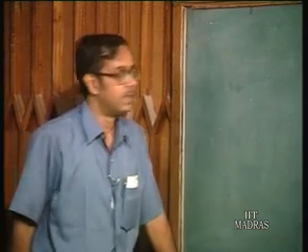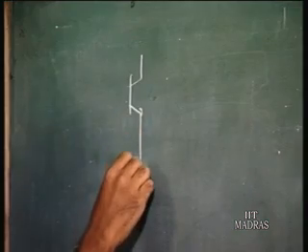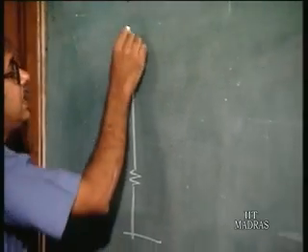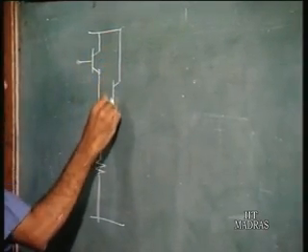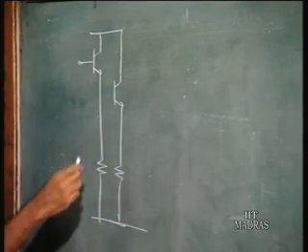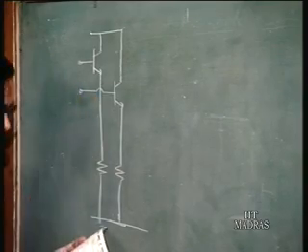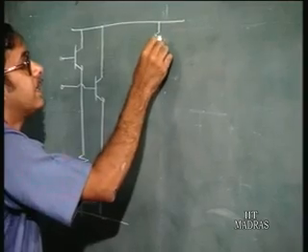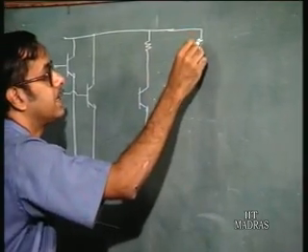So, I shall draw the circuit which I had drawn last class, the standard ECL D flip flop circuit, and we shall see how one can go ahead and see the difference. So, this is the standard D flip flop circuit using stacked ECL gates.